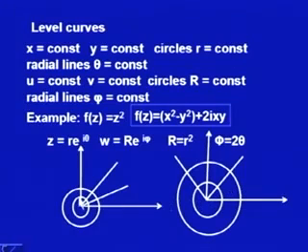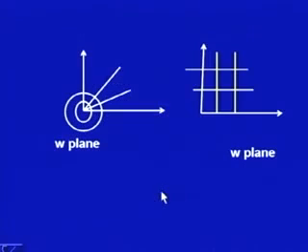So, that is how circles are mapping to circles and radial lines are mapping to radial lines. Circles are mapping to circles, but the radii are changing, and similarly radial lines are mapping to radial lines, but their slopes are changing. So, that is how under this transformation these level curves, circles and radial lines will map to circles and radial lines in the W plane.